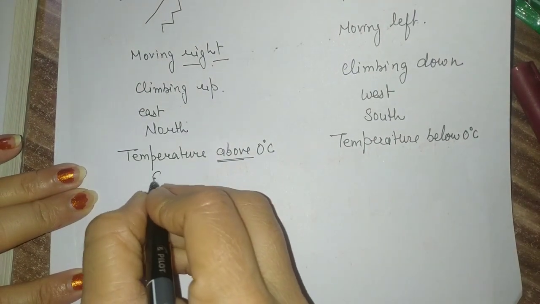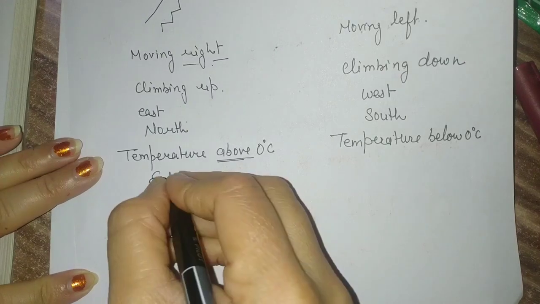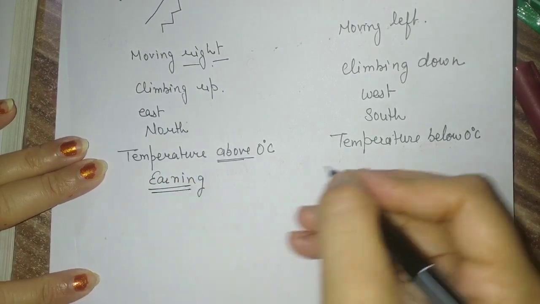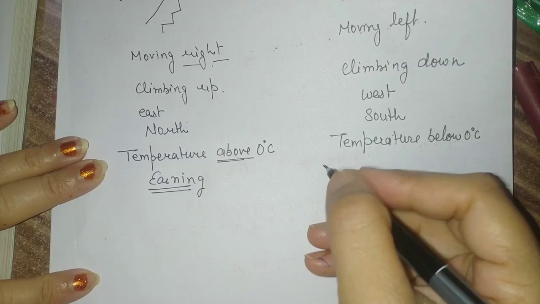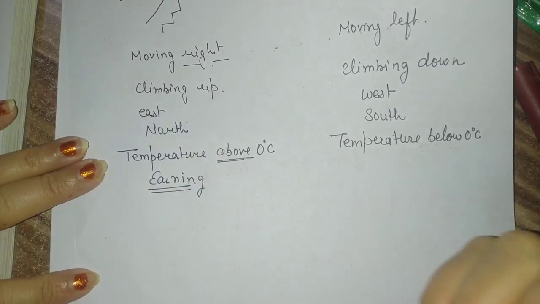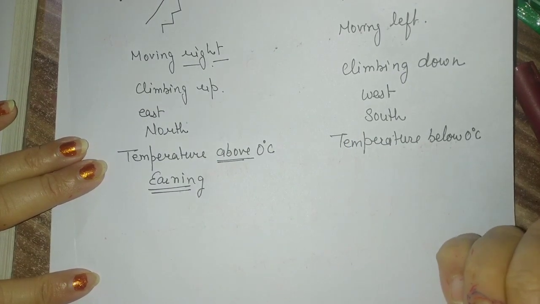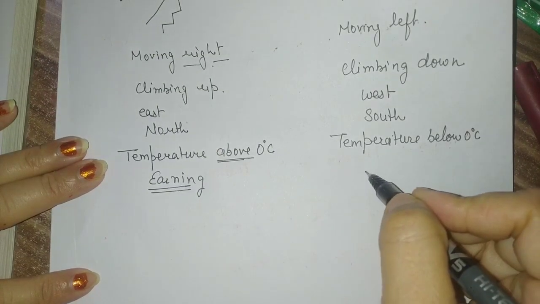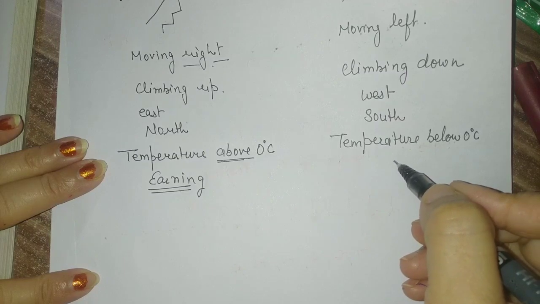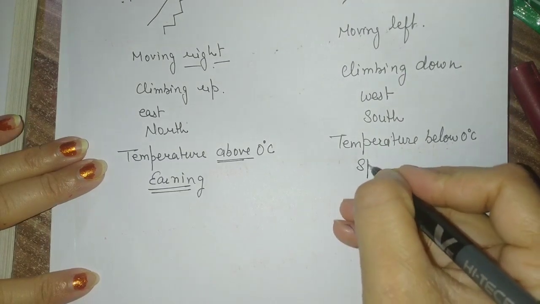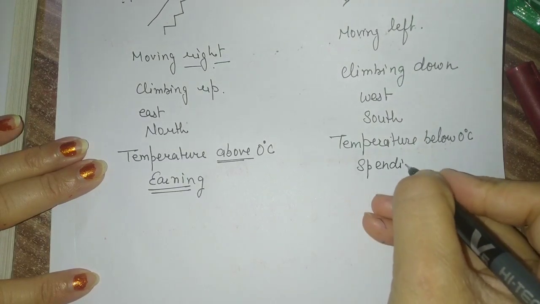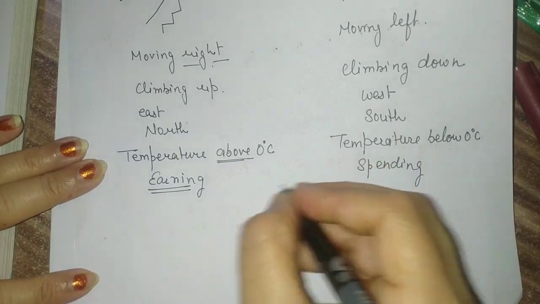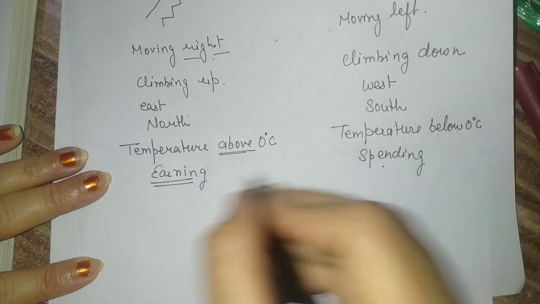If we earn something, that means if we get something, that is earning. Earning is positive. Earn means kamana, or expend means spending, kharch karna. So here the opposite word is spending. So that is our negative term. Earning positive, then spending negative.